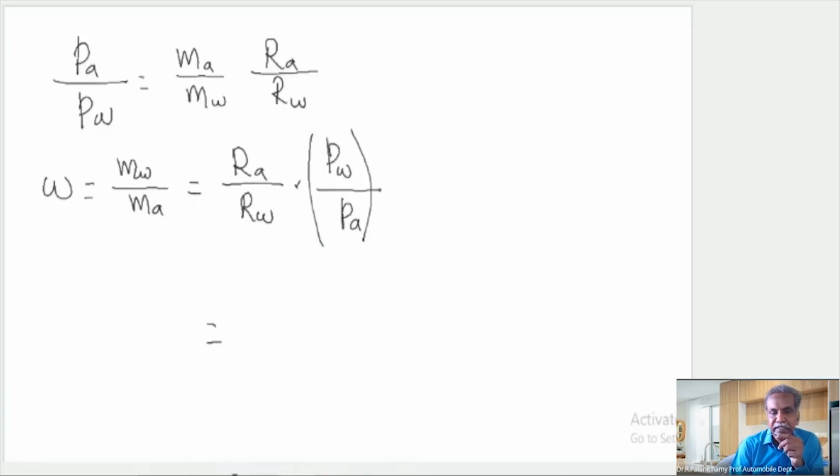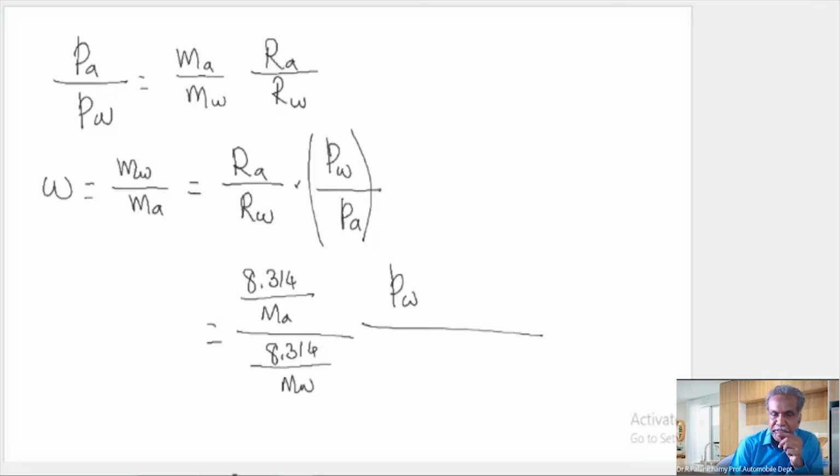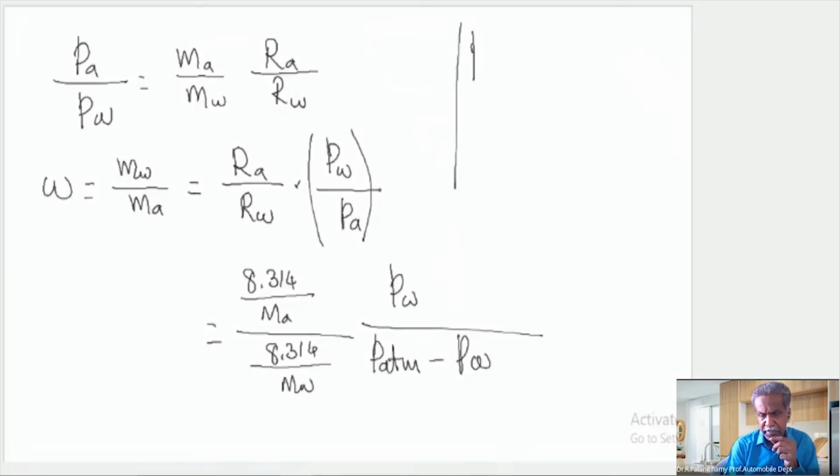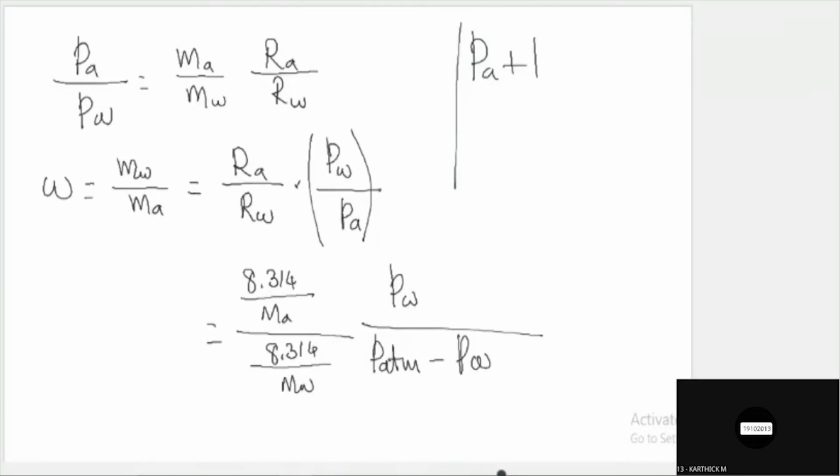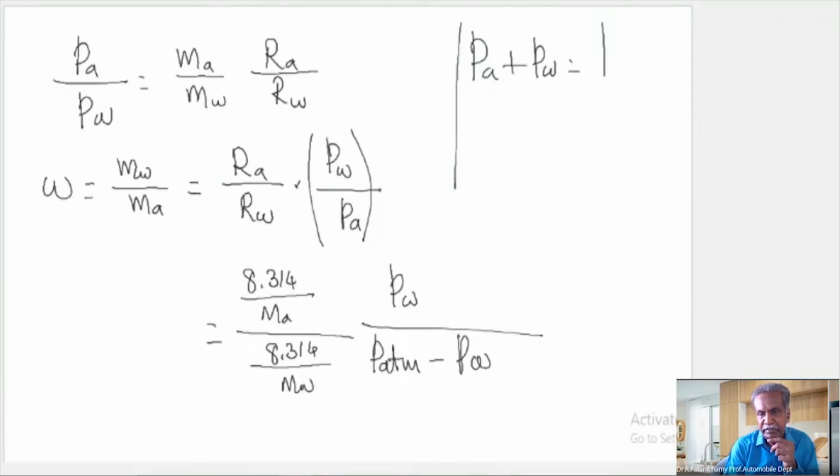Now RA ங்கிறது 8.314 divided by molecular weight of air. வாட்டருக்கு 8.314 divided by molecular weight of water into PW. Partial pressure of air ங்கிறது P atmosphere minus PW because atmosphere contains dry air plus water vapor which is called atmospheric pressure. So PA ங்கிறது P atmosphere minus PW.